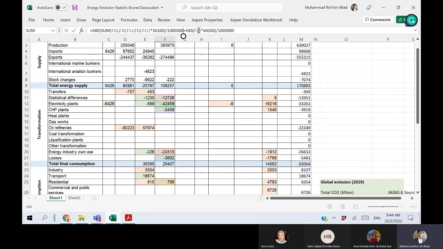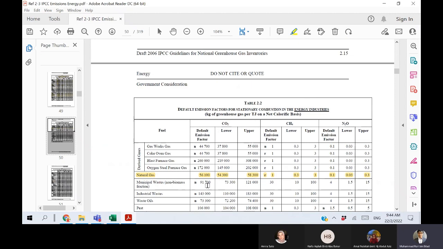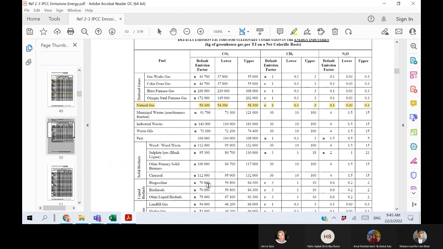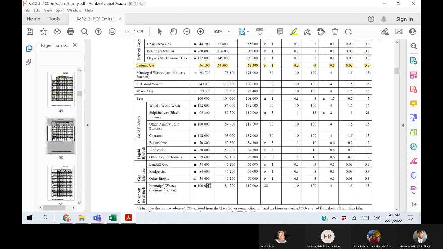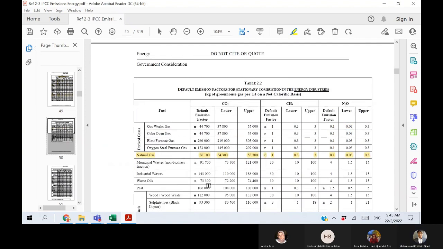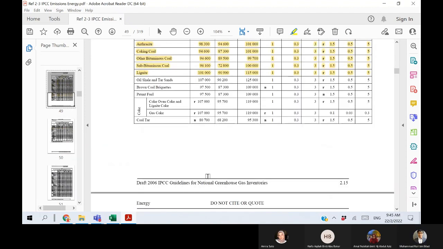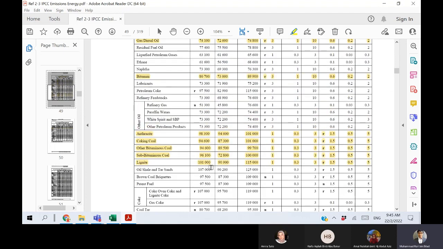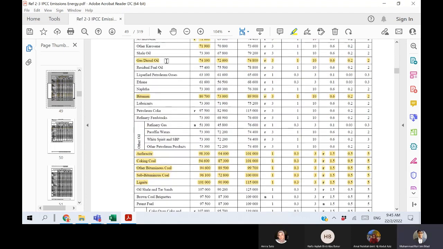F25 is gas for residential. It has to be LPG, liquid petroleum gas, and it's 64,200. Where is it? Liquid. This one, liquefied petroleum gases.